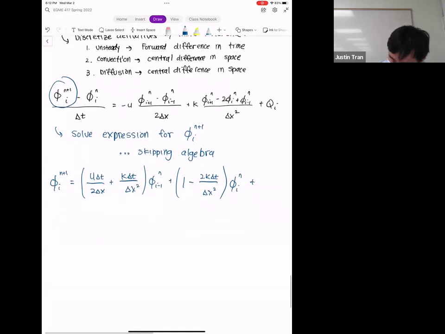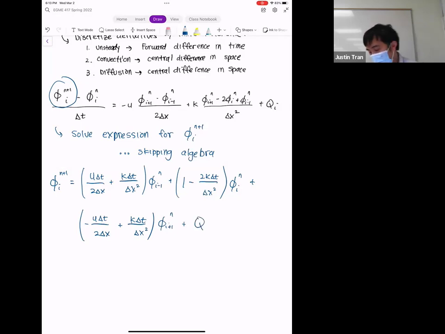Then we have a minus u delta t divided by 2 delta x plus k delta t divided by delta x squared, so this is multiplied by phi i plus 1 to the n. And then we have a q delta t.